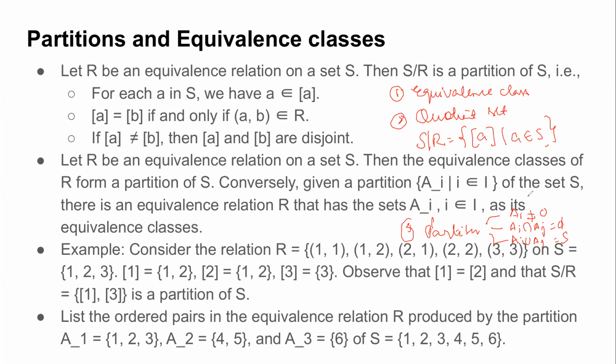Like how does it satisfy that it will always be non-empty? These two properties are clear because of these two, right? But if we map partitions with the equivalence class, how do we ensure that each of these sets is non-empty?